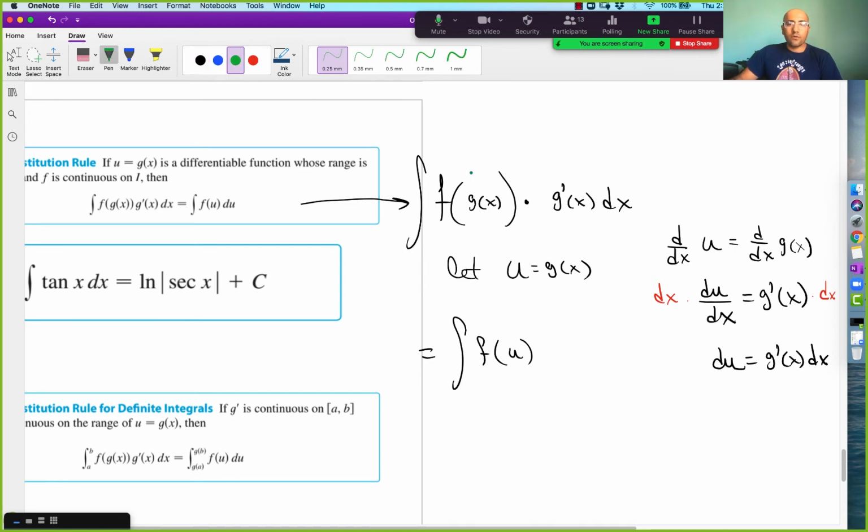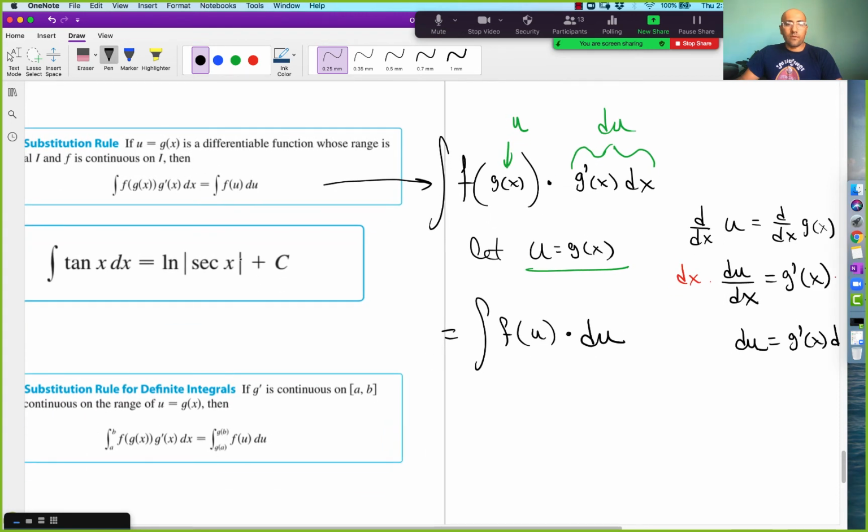So here we had u, and now we've shown that as long as u is defined as g of x, this is du. So I can rewrite it as the integral of f of u times du. And that's what this is saying.